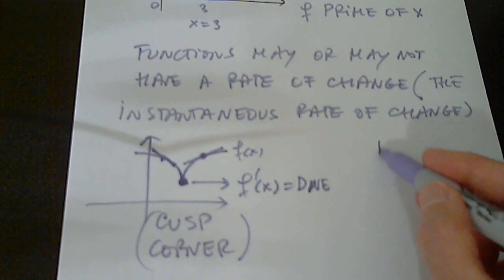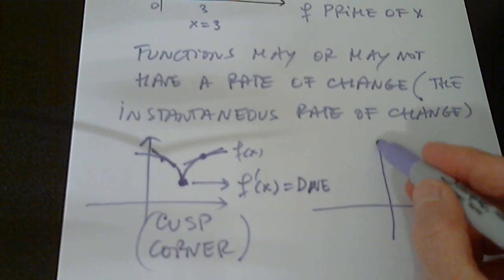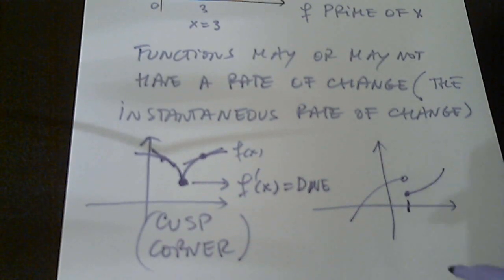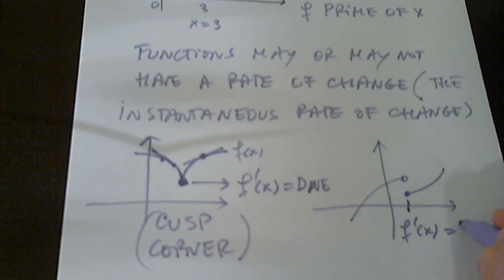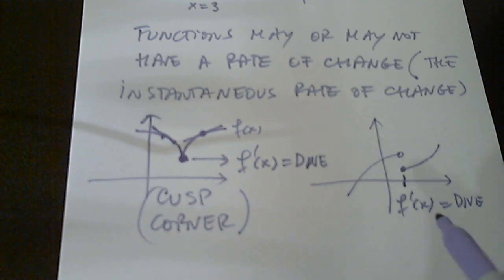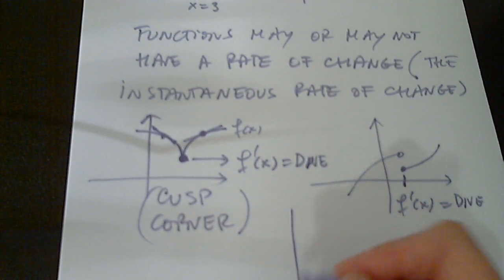Here's another situation. If the function is not continuous at this point, f prime of x is DNE. If the function is not continuous, the function cannot have a rate of change at that point. Here is another situation.